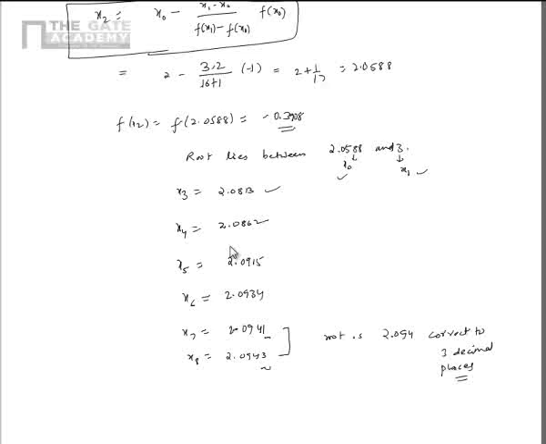So this is how the method of false position works. Basically you have to fix x0 and x1 such that f of x0 and f of x1 are of opposite sign, and then evaluate the formula based on them. This is basically an approximation of the root, based on x0 and x1.